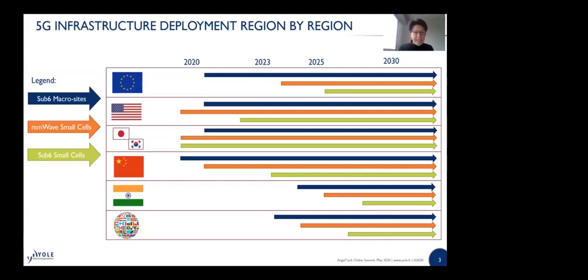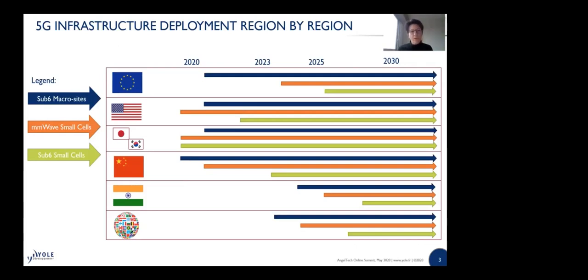So if we start with the telecom infrastructure, the idea is really to look at the deployment of the 5G infrastructure from region to region. What we see here in this schematic is that the sub-6 microsites are interesting for Europe, US, Japan, Korea. China is heavily investing into this. They have good coverage with a lot of bandwidth from their telecom operators, such as China Mobile, for example, and China Telecom. If we look at the millimeter wave aspect, it's being pushed by US and Japan, Korea, not for the same reasons.